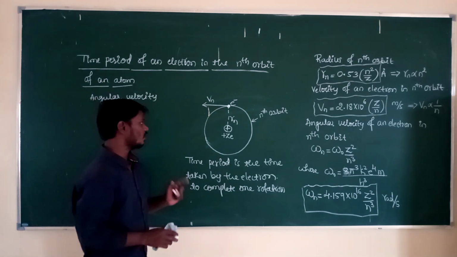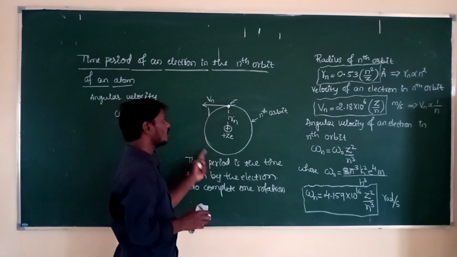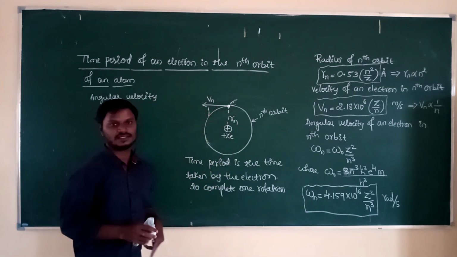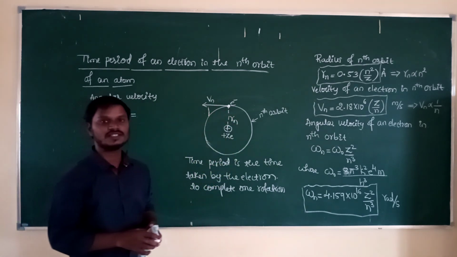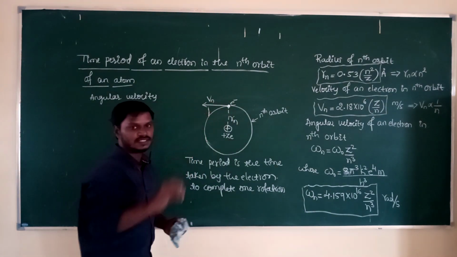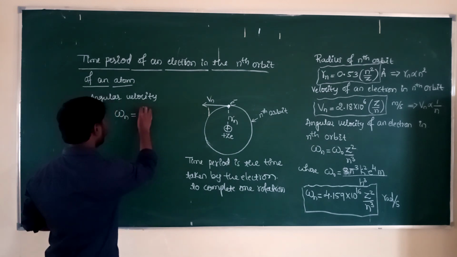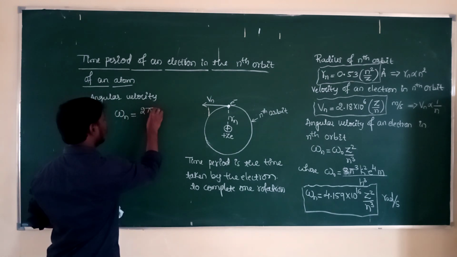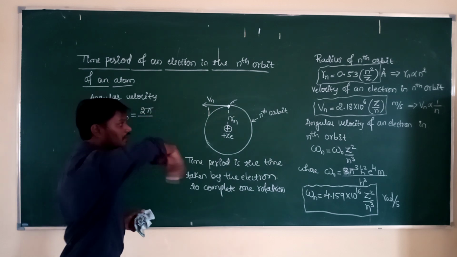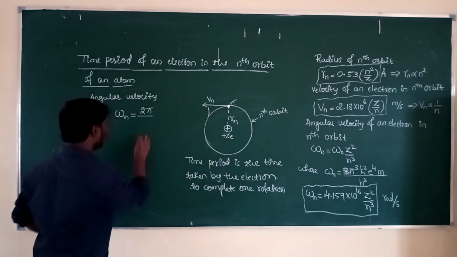Now, what is angular velocity? It is the angular displacement in one rotation divided by time taken. What is the angular displacement in one rotation? The angle covered in one rotation is 360 degrees. In terms of radians, that is 2 pi. And the time taken to complete one rotation is called the time period, represented by capital T.